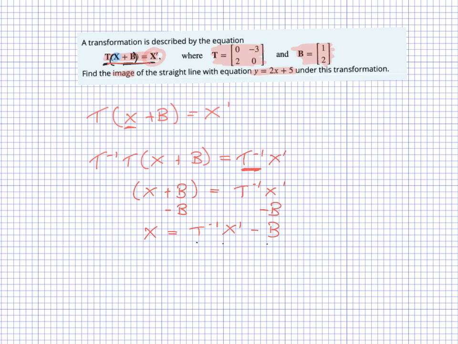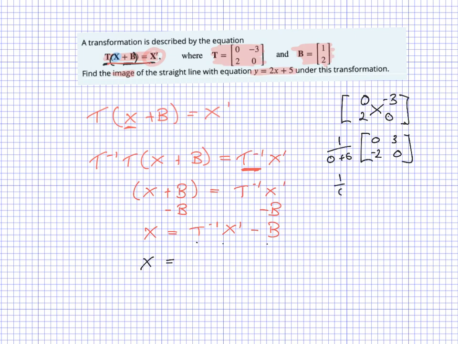Now we can just go and substitute what we know in place of these three things here. So we have x equals now t, the inverse of t. We're going to have to find out what it is. So let's go over to here. It was 1 over those minus those, so 0 plus 6, because 2 times minus 3 is a minus, and minus a minus is a positive. We swap those two, so they're still 0, and we make these two the opposite of what they are, like so.